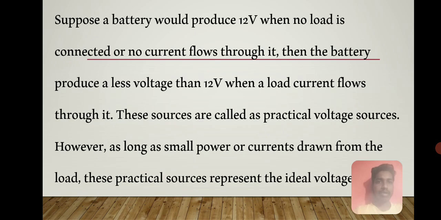Then the battery produces a voltage less than 12 volts when a load current flows through it. These sources are called practical voltage sources. However, as long as small power or current is drawn by the load, these practical sources represent the ideal voltage source.